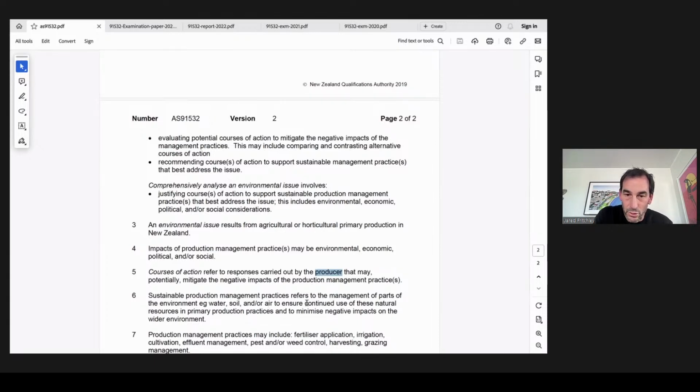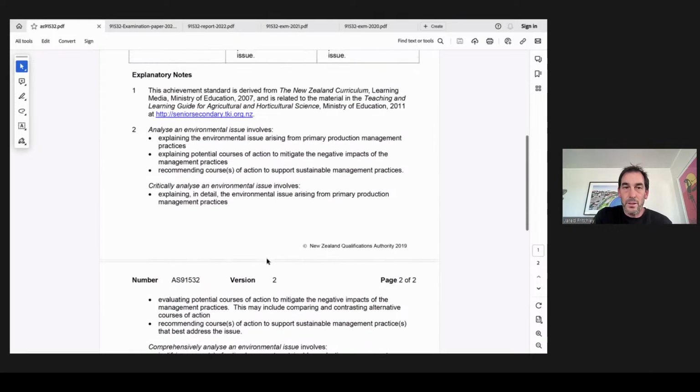So the continued use of, I talked before about being able to do it into the future, or being able to do it without an end point. So the continued use of is the same. So we don't want to be producing lots of something this year, but then next year we can't do it because we've degraded our environment or we've changed the environment and now we can't farm. So it's important that it's from a producer level, and able to do it into the future is really, really important.